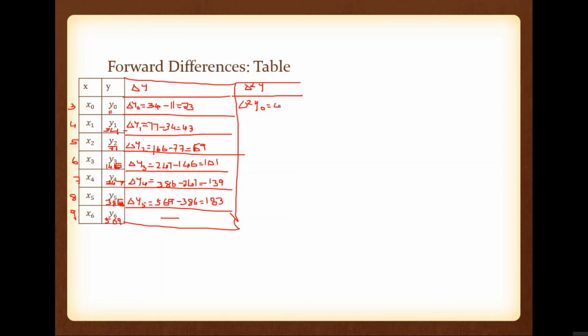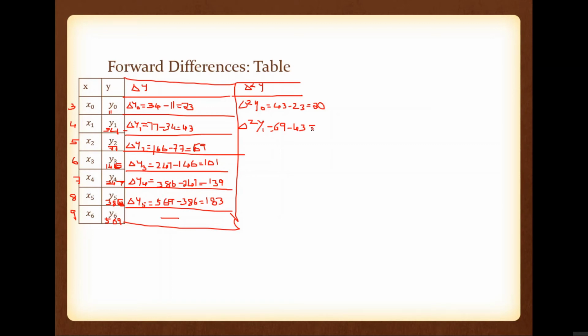So 43 minus 23 is equal to 20. It's very simple. Now what about delta square y1? Delta square y1 is equal to 69 minus 43.